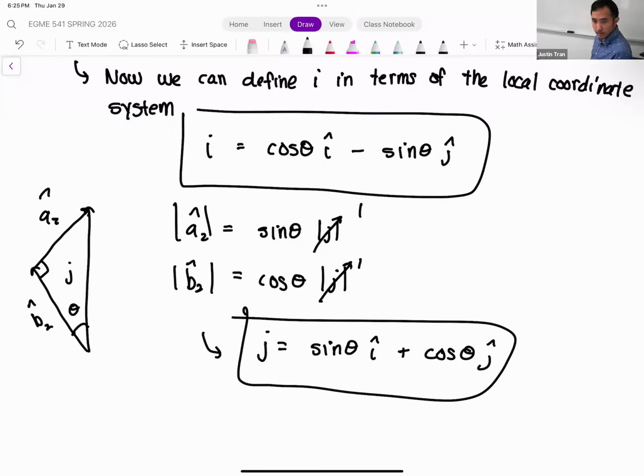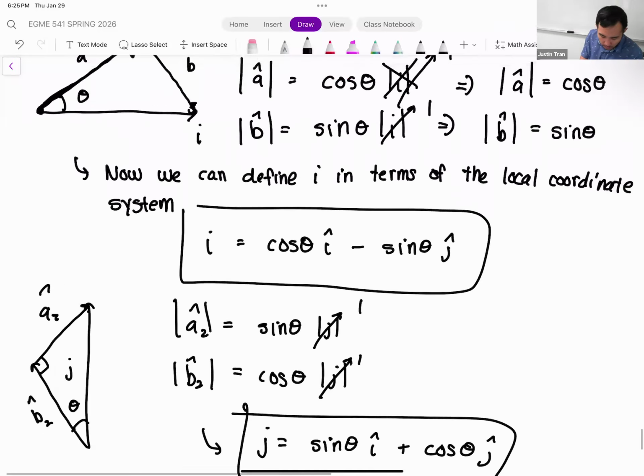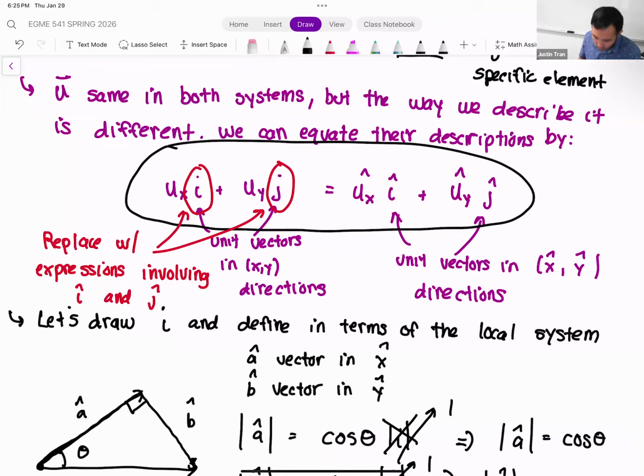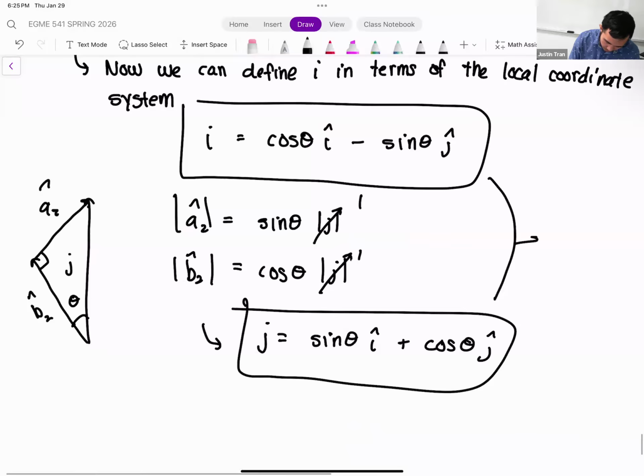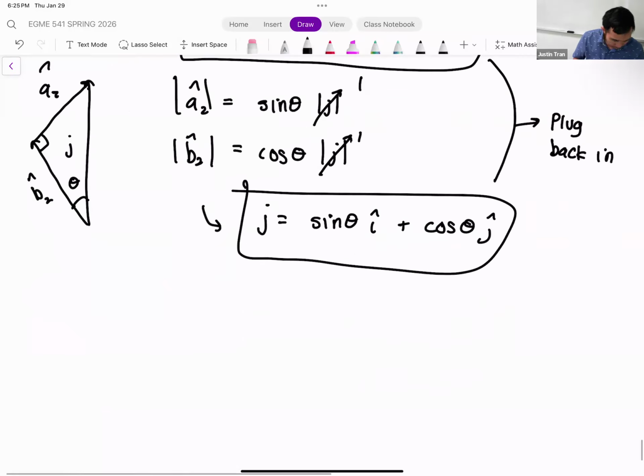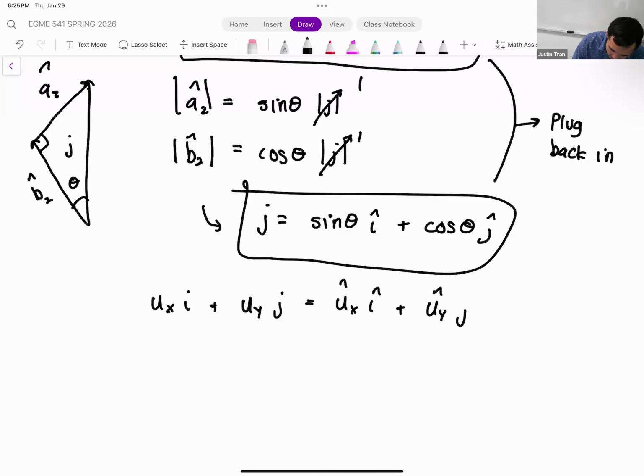All right, good. So now that we have everything here, we can go ahead and plug both of these expressions back into our vector equivalence equation. So on the left-hand side of that expression, we have ux times I plus uy times j, which is equal to ux hat I hat plus uy hat j hat.